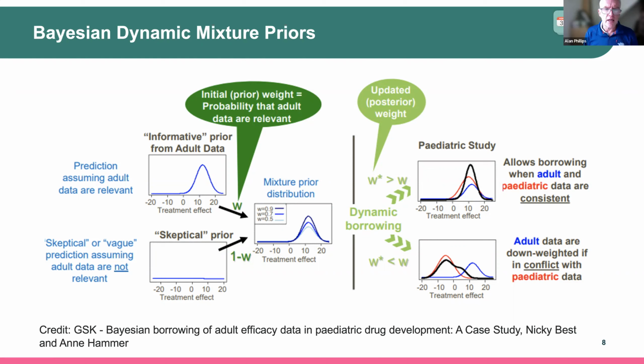And what you want to do is combine them in some way with a weight W and 1 minus W. And the more the adult is consistent with the pediatric data, you're going to increase W. But if the adult data conflicts with the pediatric data, you want to downweight the adult data and just assume the skeptical prior. So what you're doing is borrowing information in a dynamic way, combining your historical control, assuming nothing. I'm not going to go into how the maths work, but that's broadly it. Okay.